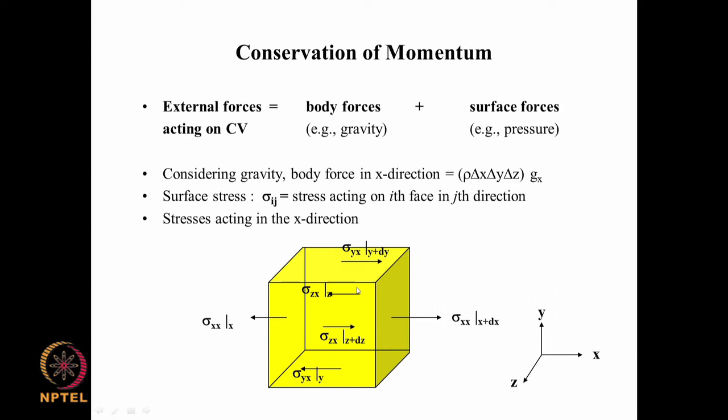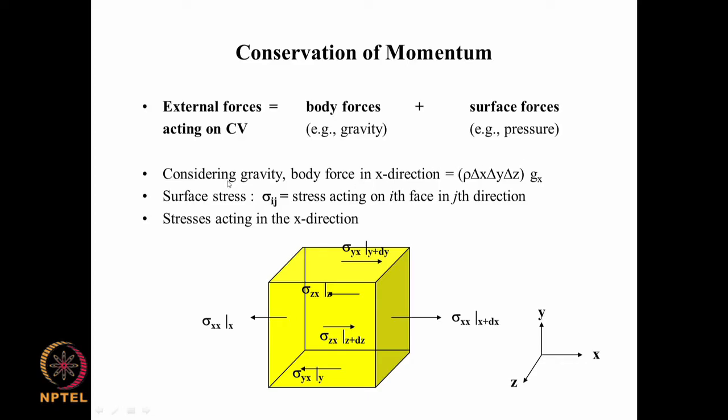So, external stresses can influence only through the surfaces, whereas body forces like gravity can act on all the particles that are contained in this, and we would like to make this distinction here. And so, we divide the external forces acting on the control volume into body forces like gravity plus surface forces like pressure and other stresses we will see later.